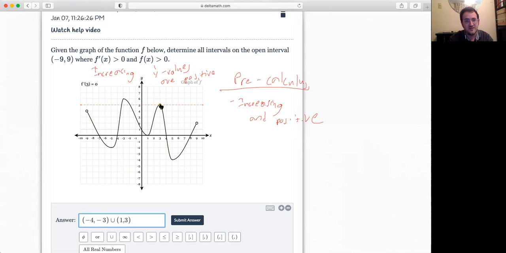And then I have 8 to 9, not 5 to 9, because we have to also meet the condition of it being positive.